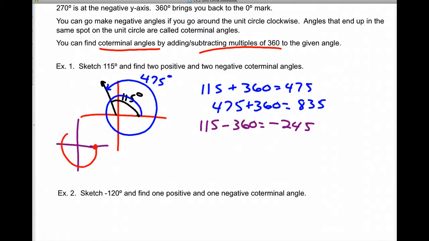I'd have to go 65 more, and it looked like that. There's negative 245. And hopefully you can see you'd be facing the same direction here as you were up here. It's the exact same way. Doesn't look perfect, but that's just my drawing skills. I could find another one. Subtract another 360, and that gives me a negative 605. That's how you find coterminal angles.